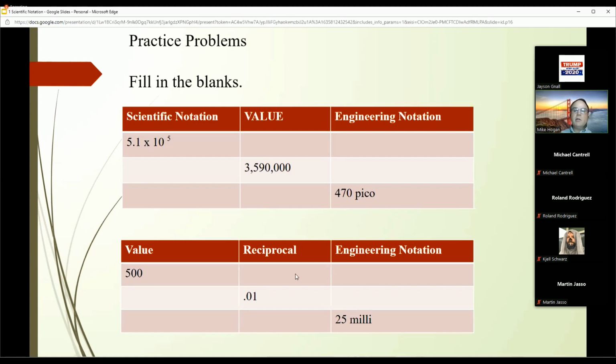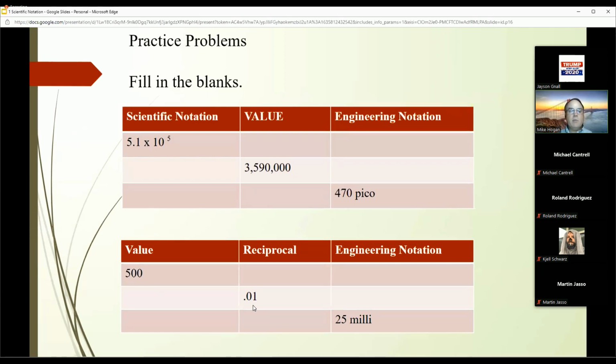And in engineering notation, that would be 2 milli. 2 milli, exactly. I moved the decimal 3 places. You'll get to see all these answers in just a second. I think when I go to the next slide, it's going to show them all at once, and so that's why I'm holding off.